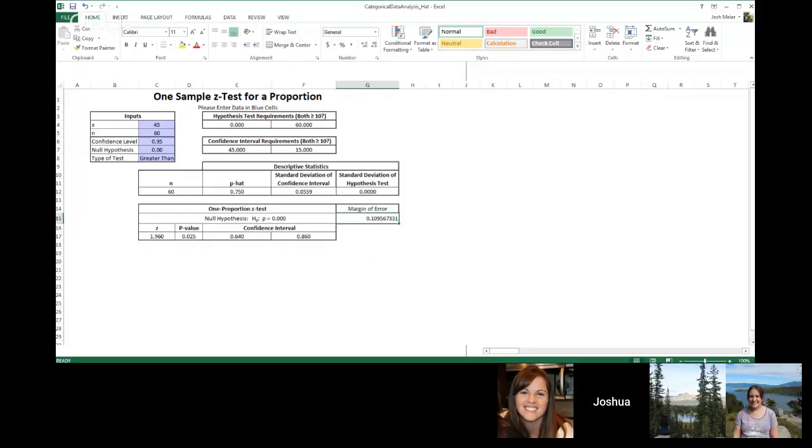Question 11. Yes. So all you're going to be doing, because the equation is going to be the n times p is greater than or equal to 10, just do 10 divided by 0.5.